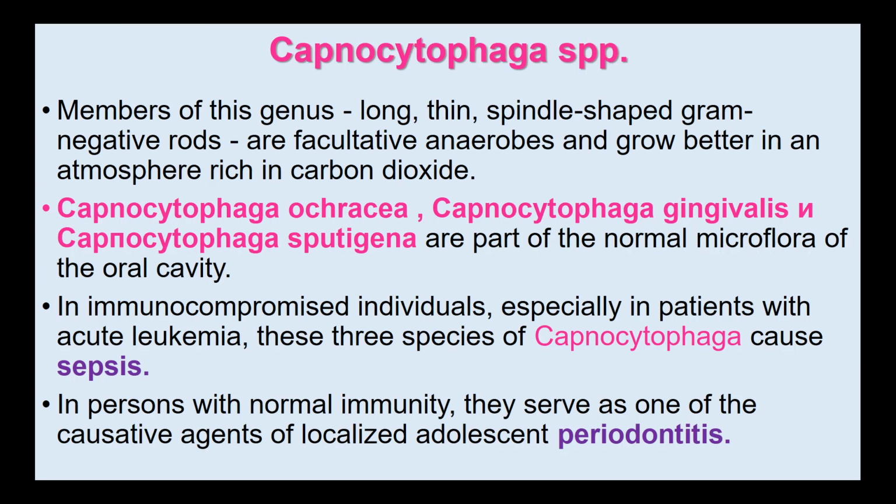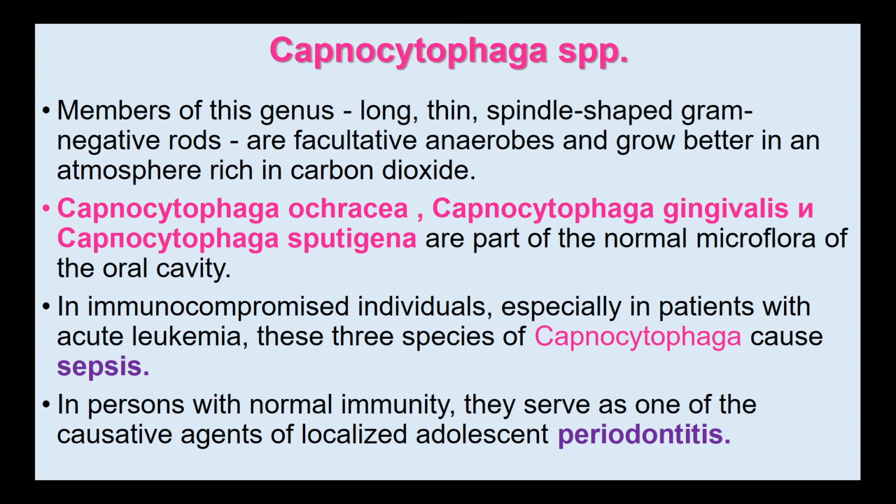The next is Capnocytophaga, different species of Capnocytophaga. These bacteria are long, thin, spindle-shaped gram-negative rods, facultative anaerobes, growing better in an atmosphere rich in carbon dioxide.